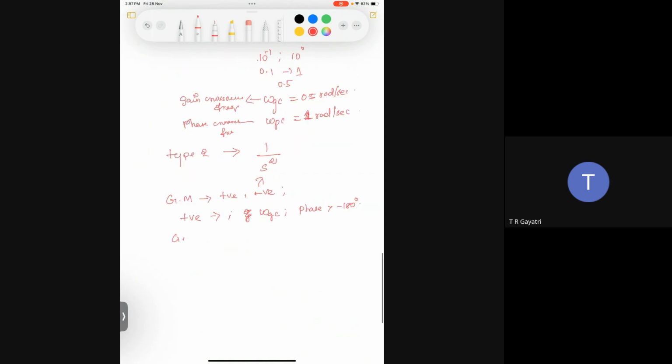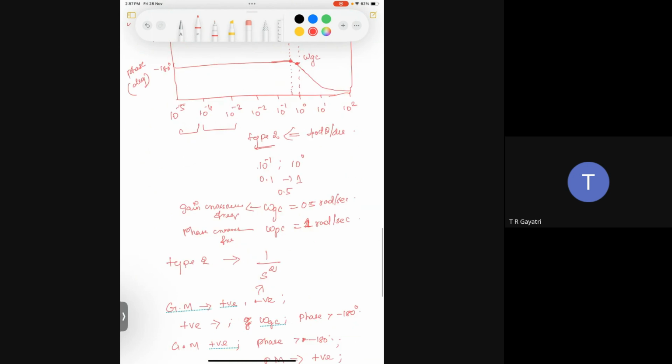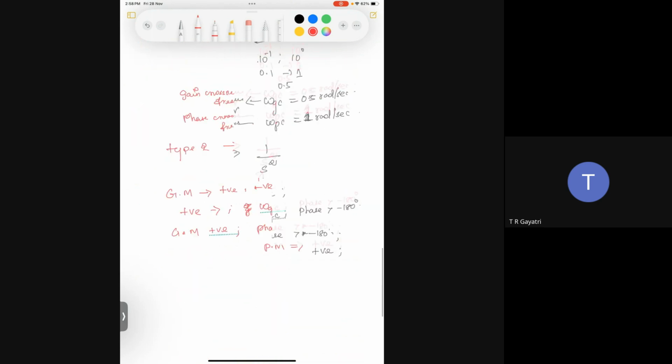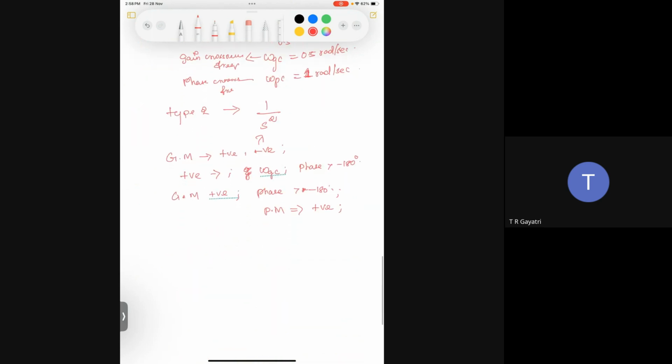If the gain margin is positive and the phase is greater than minus 180 degree, then the phase margin is also positive. Here the phase margin is positive. We don't know that, just for the case, I'm saying all the details. When gain margin is positive and phase margin is positive, then the system will be stable. If something goes negative, then it will be unstable.